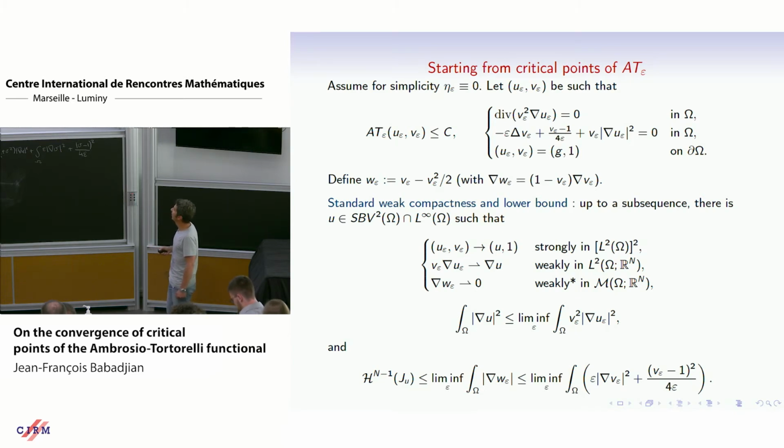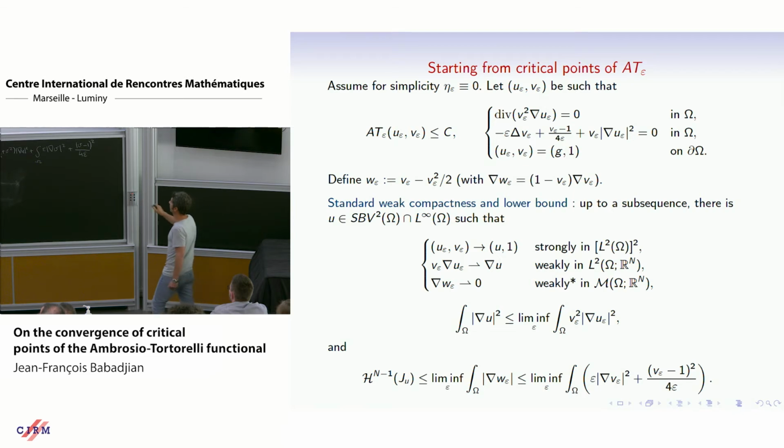So we first use the standard compactness result for the Ambrosio-Tortorelli functional, which was already contained in the work of Ambrosio and Tortorelli, which tells you that up to a subsequence, you can find a limit function u in the energy space of the Mumford-Shah energy, in SBV^2, such that u_epsilon will converge to u, and v_epsilon will converge to 1.